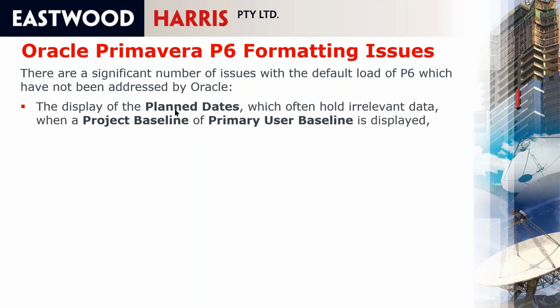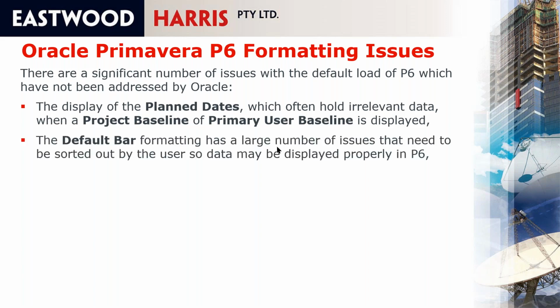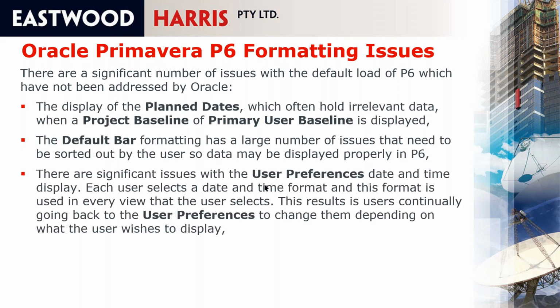Oracle Primavera also displays the plan dates, which often hold irrelevant data when you display the project baseline or the primary baseline. So if you're not familiar with the product, and you haven't been trained, you can end up showing irrelevant data as baseline data. As I said, the default formatting has a large number of issues that need to be sorted out so that data may be displayed properly in P6.